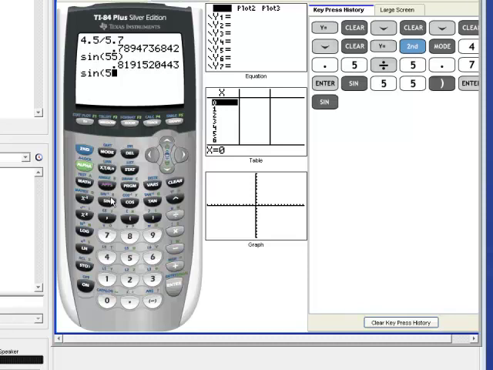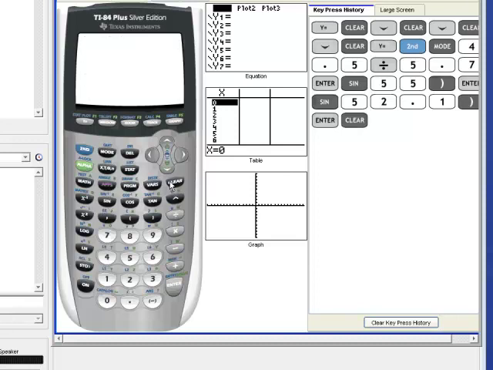Sine of 52.1 degrees. I'm using my keyboard at this point. And there you go, 0.789. The cosine would be the adjacent, or the x-coordinate, which is 3.5, divided by the radius, which is 5.7.